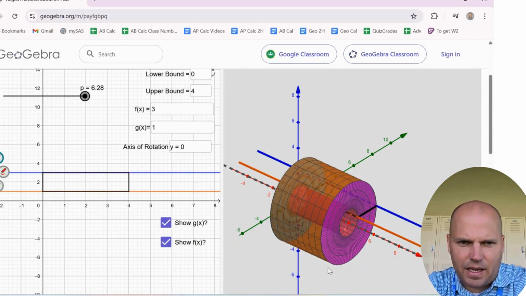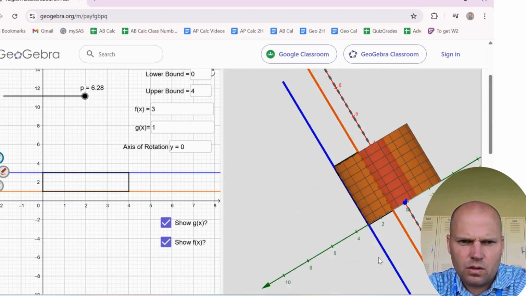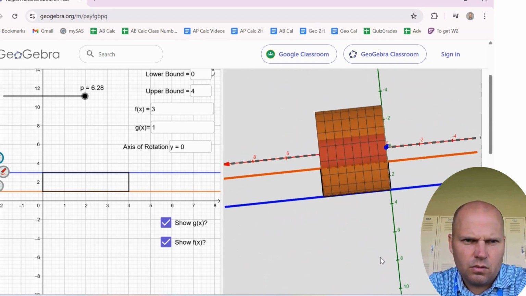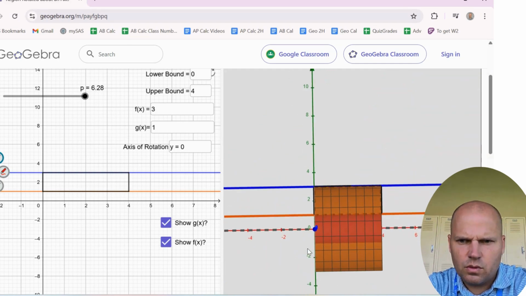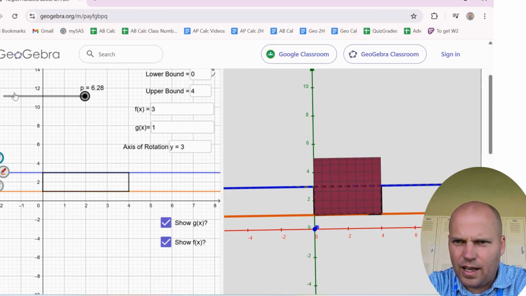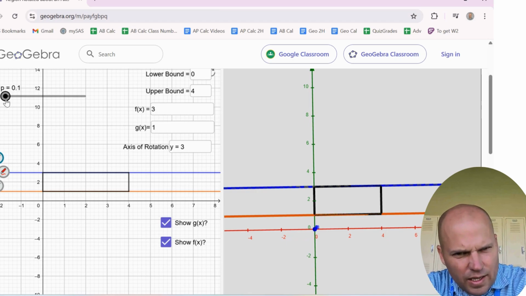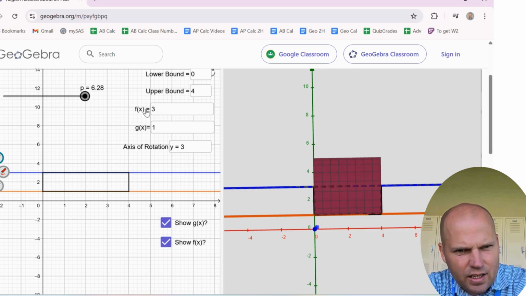Let's see that. Spin this around y equals 3, and it ends up rotating itself just right over this line.